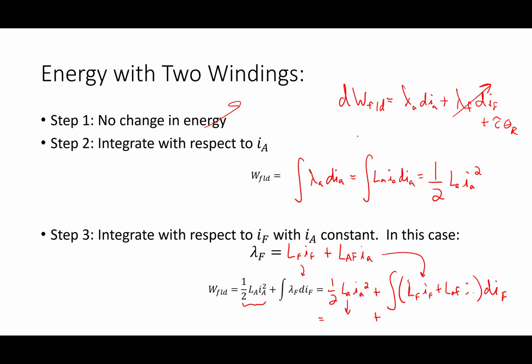So when I take this integral, this guy right here is in terms of I_F, so that becomes 1/2 L_F I_F squared. This guy here is basically a constant with respect to I_F, so it becomes simply L_AF I_A I_F.